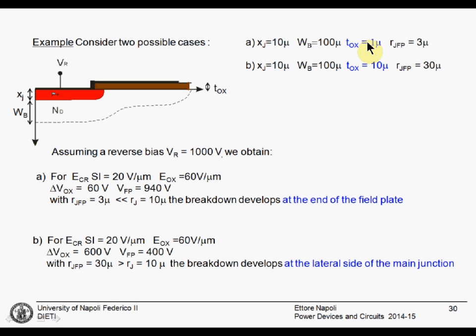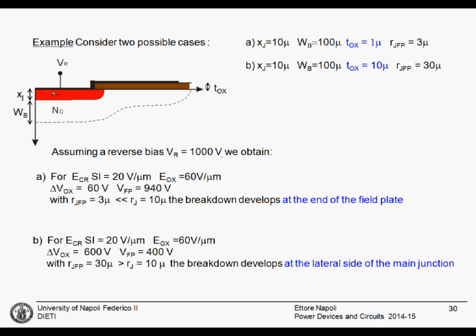We can then say that the radius of the curvature here is more or less 3 times the thickness of the oxide, that is 3 microns. Second case, the main junction is the same, but the thickness of the oxide is 10 micron, and the curvature of the equivalent junction here is 30 microns.